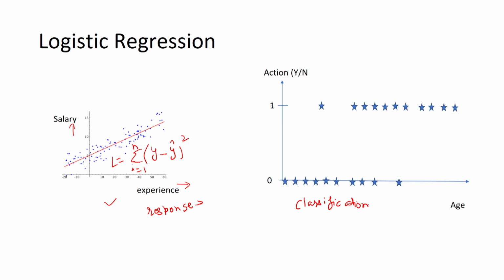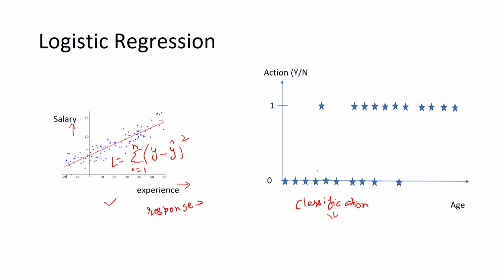So, in case of classification we can't use these regression models, we need some other models, because here your response variable will be some categories or some labels.